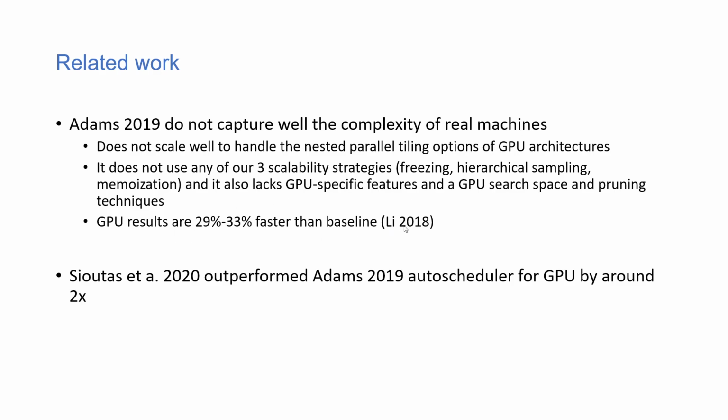They have the Li 2018 autoscheduler that was developed for GPUs, but the results are 33% faster than this, and they're basically not ready to handle GPU. The cost model was not ready for it. It was not doing GPU-based pruning of the state space. It didn't have the strategies presented in this paper: freezing, hierarchical sampling, memoization.